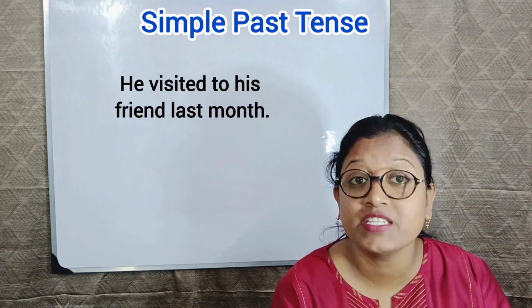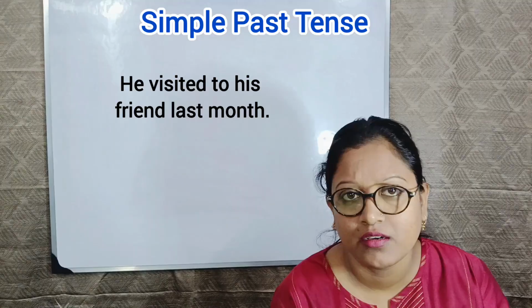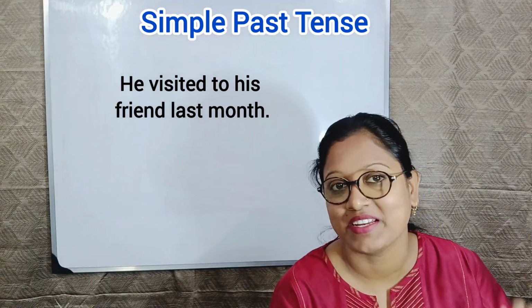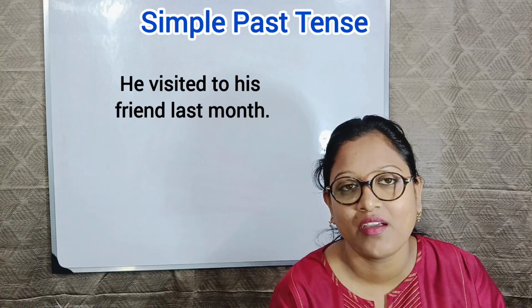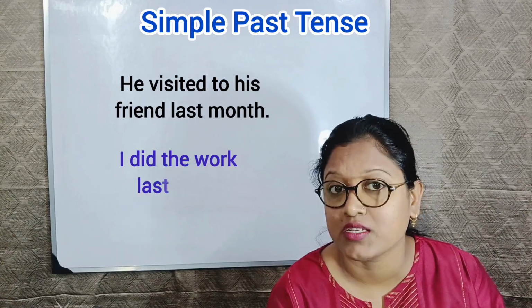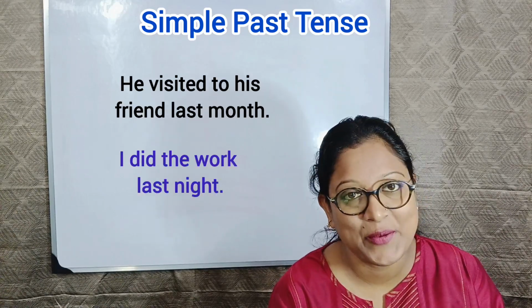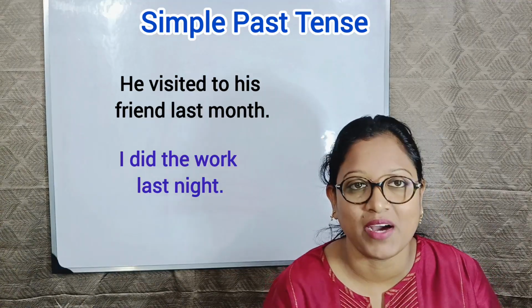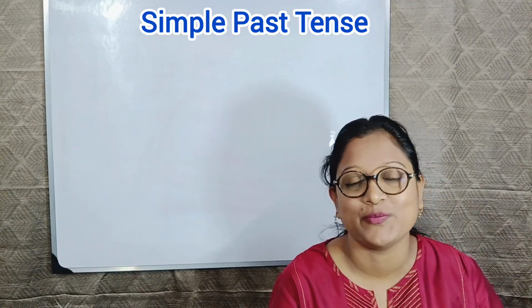He visited his friend last month. So the action completed in past, last month. I did the work last night. Okay? So these are all actions completed in past. Point number two.